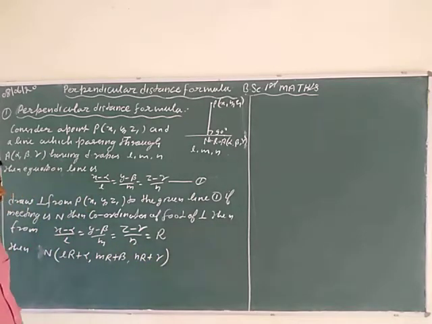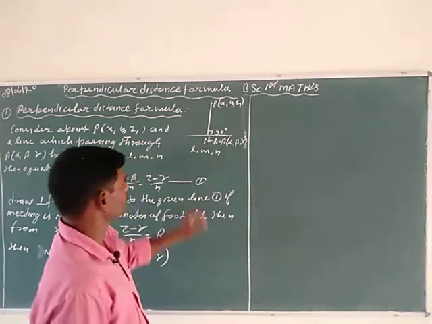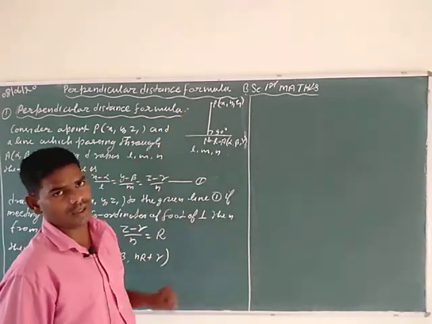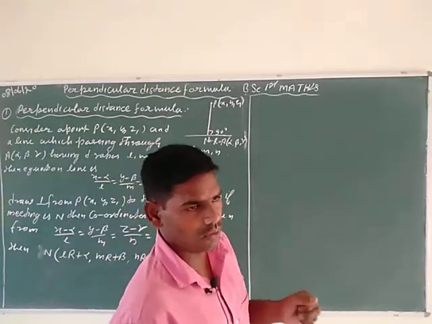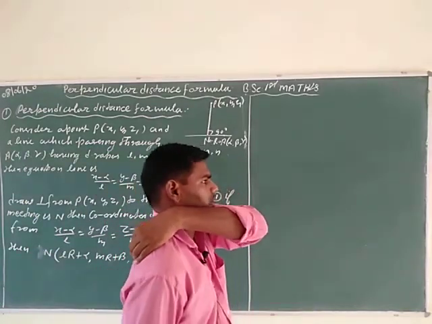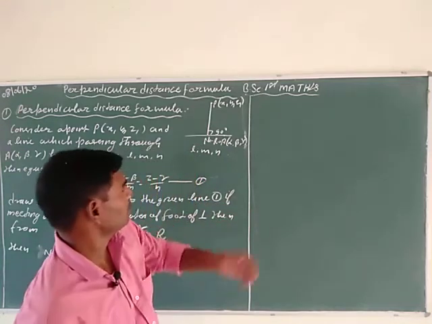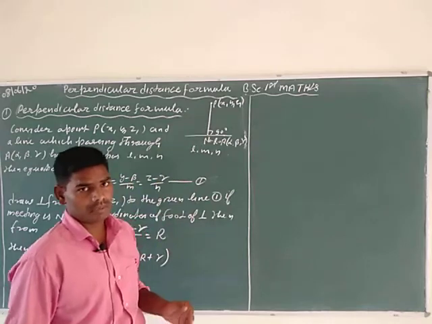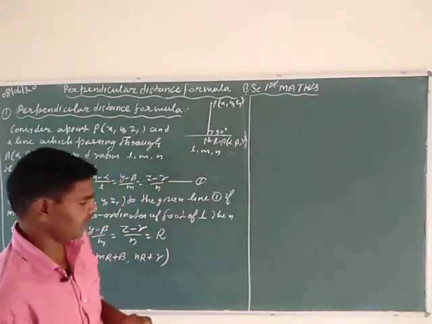These are the coordinates of the foot of perpendicular N. So you know that if the coordinates of two end points are known, then you can calculate the distance between them, meaning the perpendicular distance from point capital P to the given straight line.